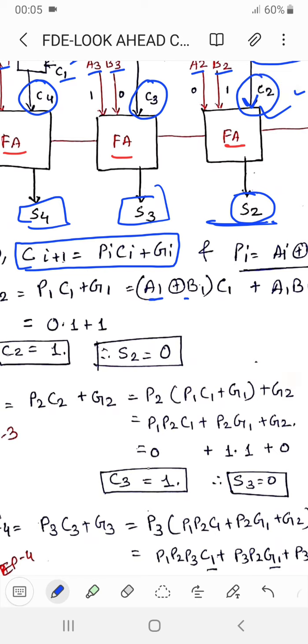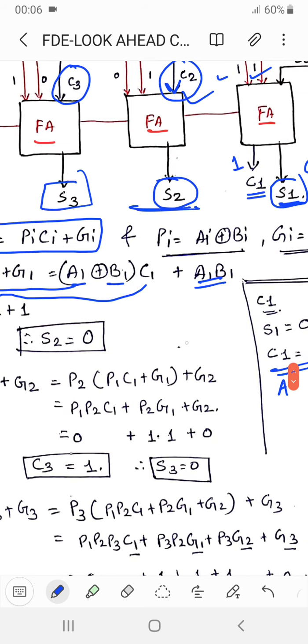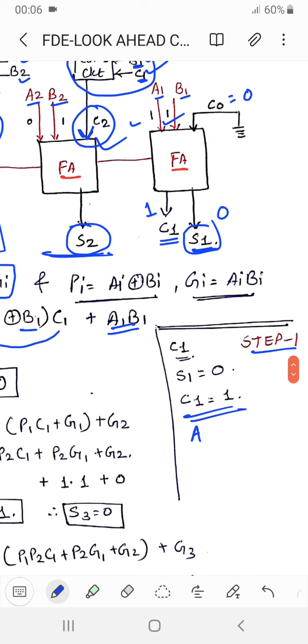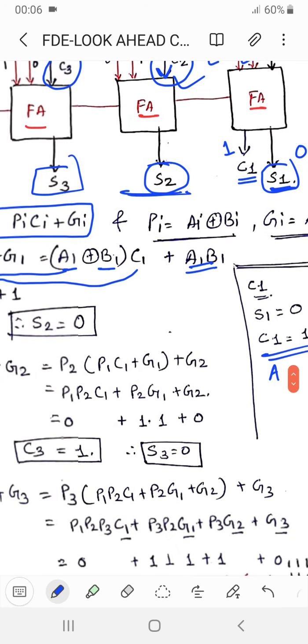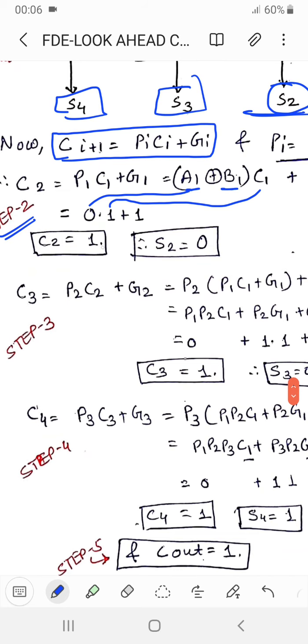So this XOR operation is 0, your carry is 1, so 0 dot 1 is 0, plus A1 B1. So A1 into B1, the generated carry as an AND gate, is 1. So your C2 is 1.